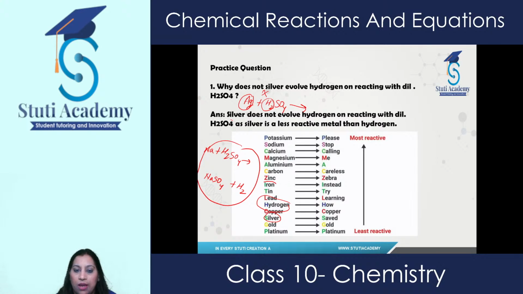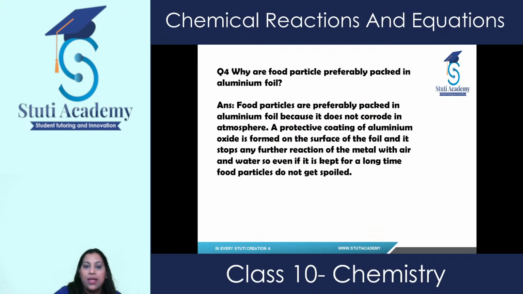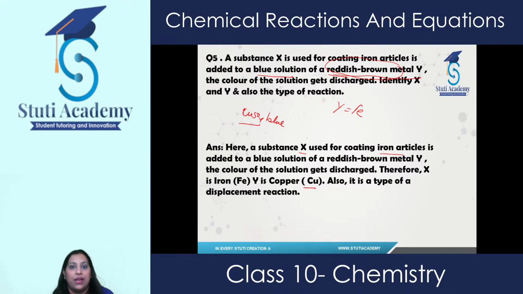As you can see here, iron is more reactive than copper, so it can easily displace it. So that's the reason why its color gets discharged. Because iron being more reactive than copper, it can easily displace it and takes up its place. So this reaction can be like this.